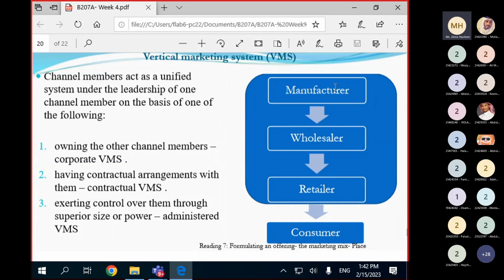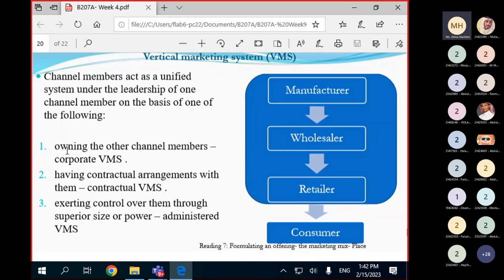This is what a vertical marketing system is. Okay, so if the manufacturer is also itself the wholesaler, it's the same organization. All right, it means that the retailer has to deal with these two together. Is it clear? Okay.